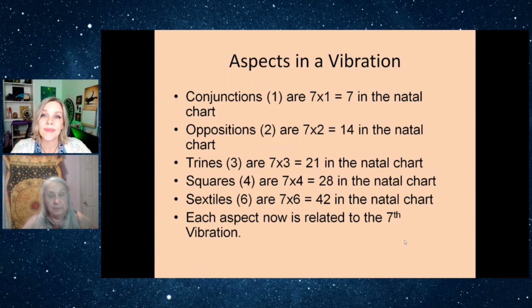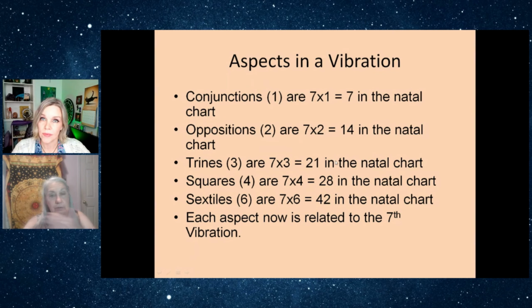And one of the important distinctions to make here is between vibration 2, 7 times 2, which would be 14, and vibration 7 times 6, which would be 42. Right. Because the 7 times 2 is your inner patterns. You start comparing them with the world, interacting them with the world.